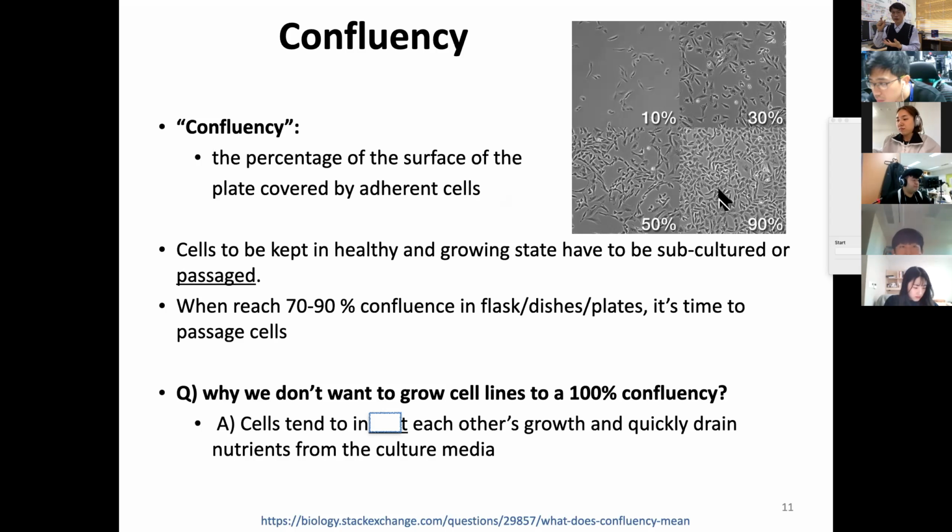Why? Especially with primary cells, when you subculture over and over, the cell phenotype may change. You have to write that down and report it in your paper or thesis, because otherwise later people try to reproduce your results and they get different results.